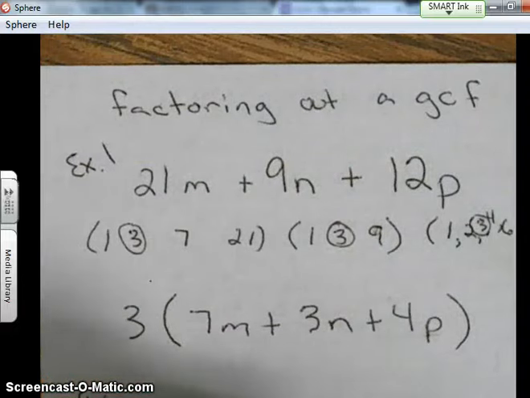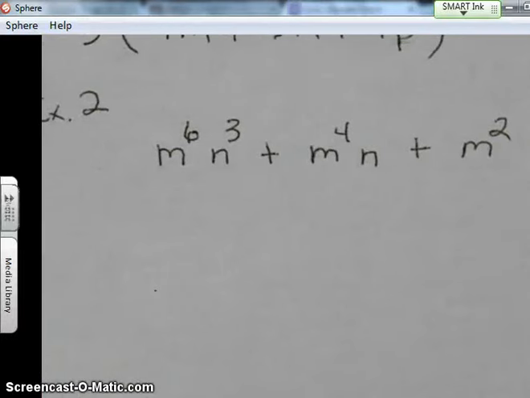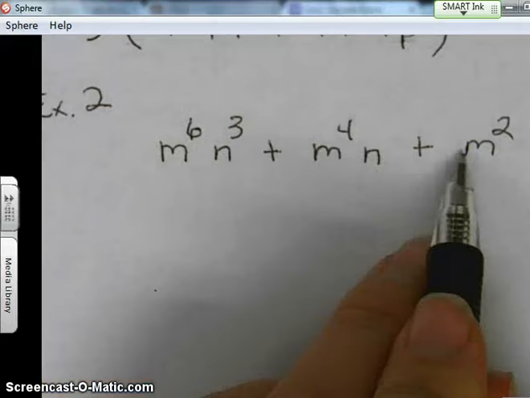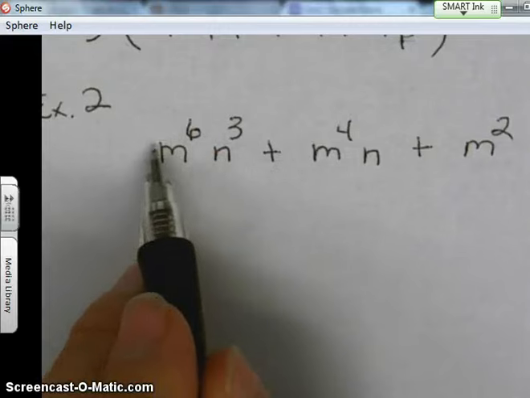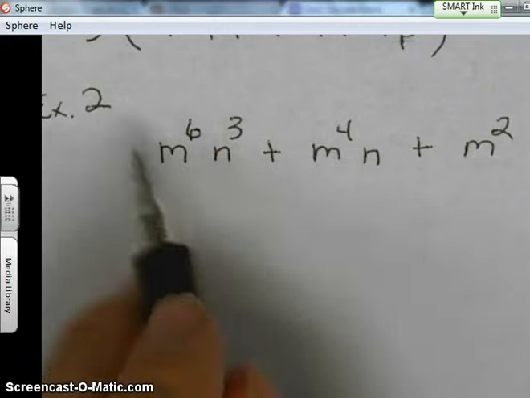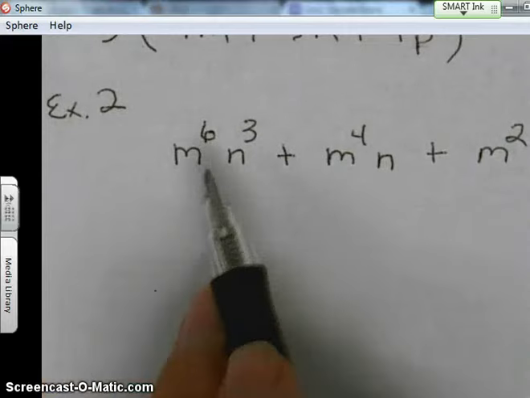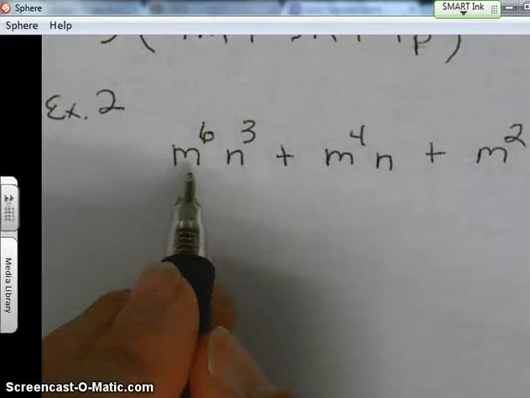All right, let's take a look at example 2. Now notice that my coefficients are 1, 1, and 1. So there's no use factoring out a 1. So we don't need to factor out a greatest common number factor. Now we're going to look at the letters. Notice that in each term we have 6 m's.